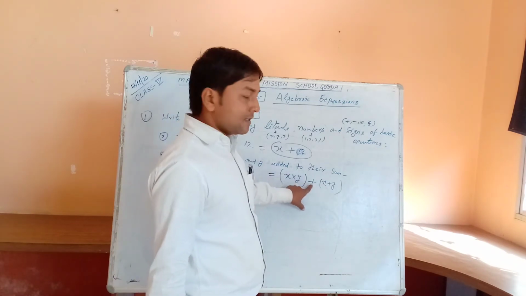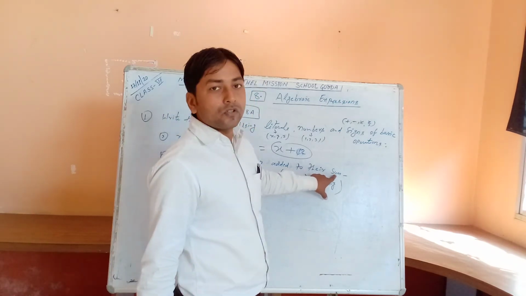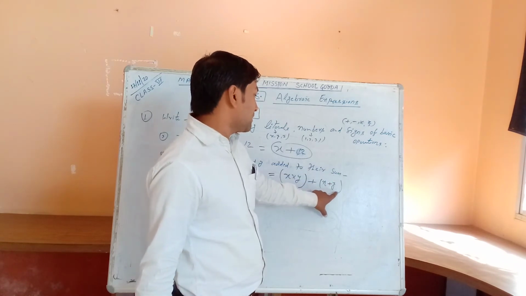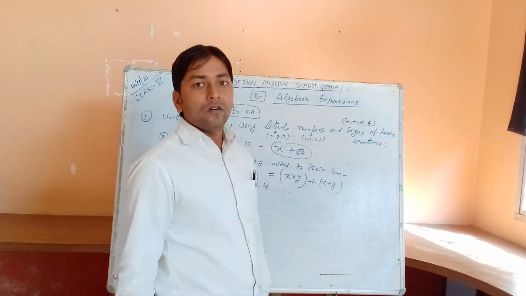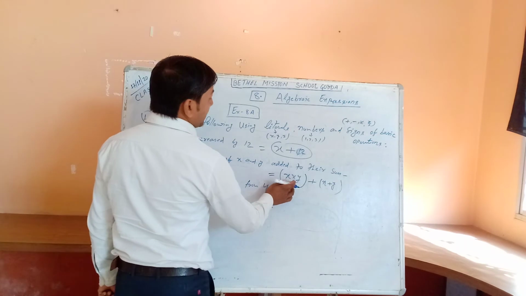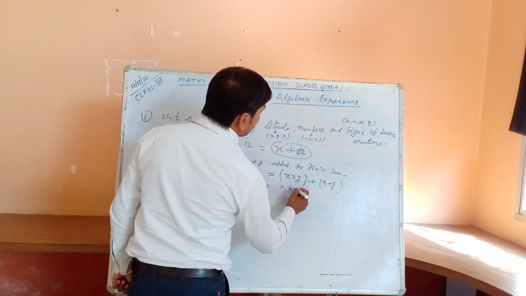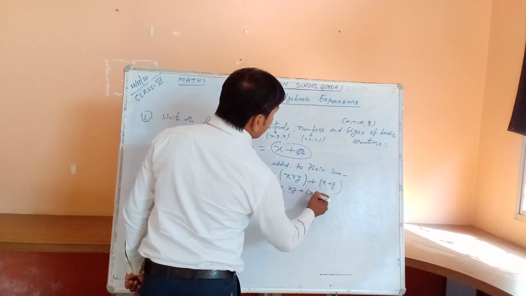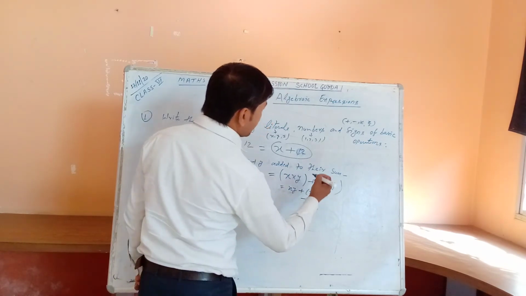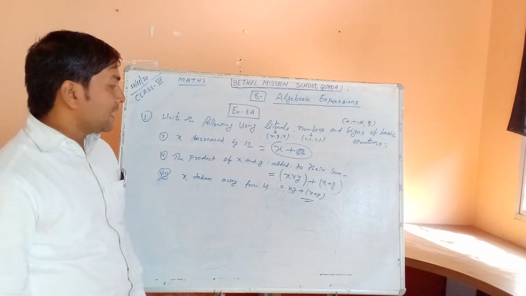The product of x and y is x into y. Added to their sum, and the sum is x plus y. Added means plus, and sum also means plus: x plus y. Sometimes you can also remove the multiplication sign and write xy plus y. This way also you can write.